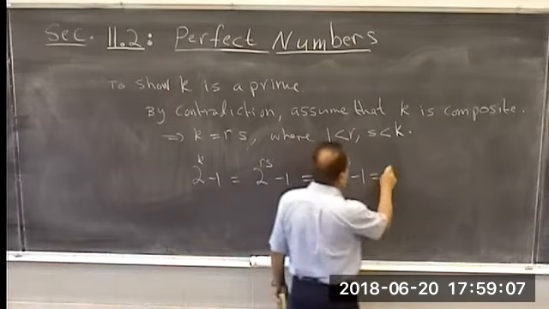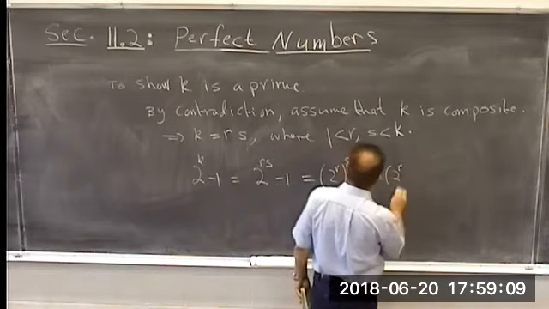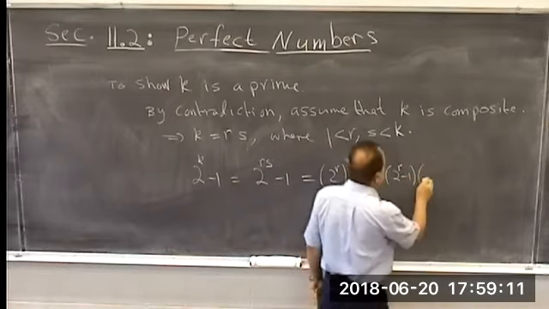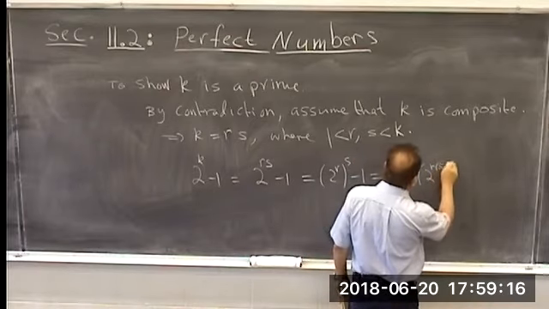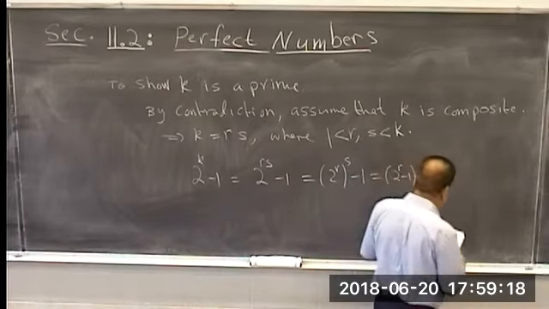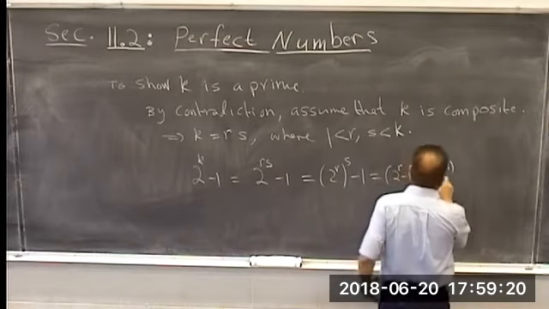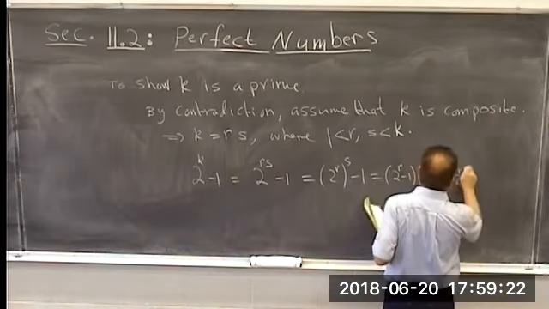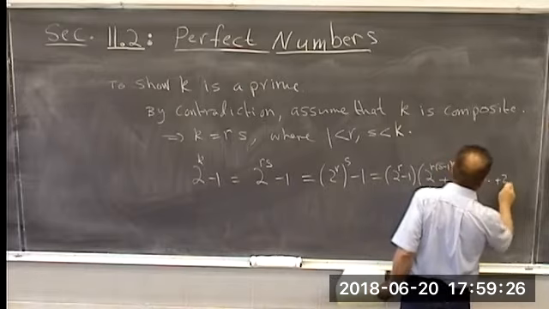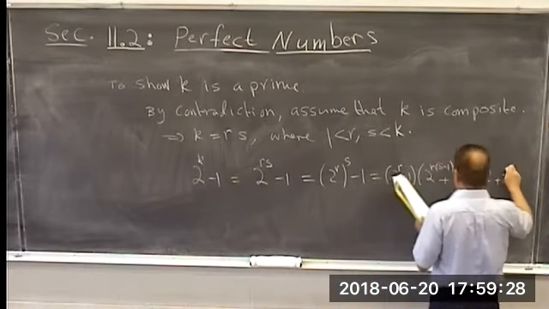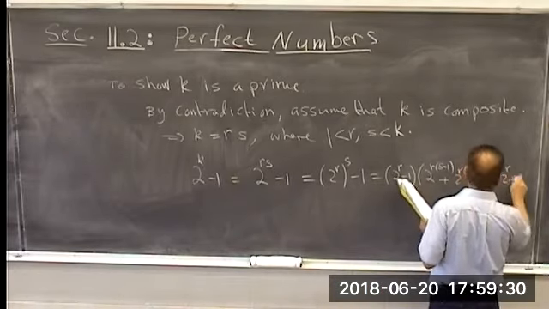And I'm going to factor this as (2^r minus 1) times (2^(r(s-1)) plus 2^(r(s-2)) plus ... plus 2^r plus 1).